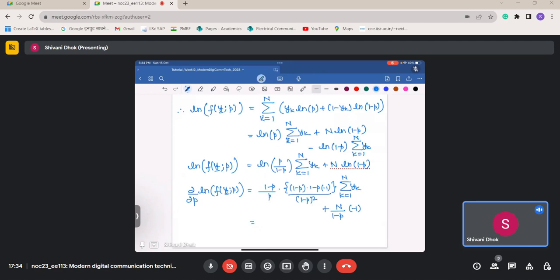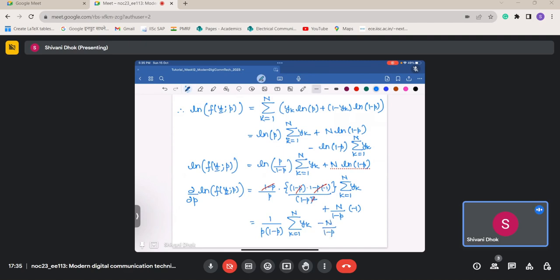Now this p gets cancelled with this, and this 1 minus p gets cancelled with this, so this comes out to be equal to 1 upon p times 1 minus p into summation k running from 1 to capital N of yk, minus n upon 1 minus p.